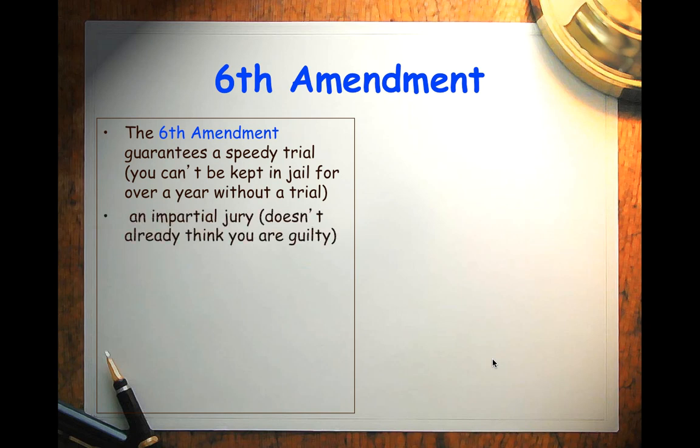You also have to have an impartial jury, a jury that doesn't already think you're guilty. When they do jury selection, guys, and hopefully you know what a jury is, but we'll definitely talk more about it soon, a jury is a group of people who are going to listen to all the evidence, and they are going to be the ones that come up with if you're innocent or guilty. The judge doesn't do that.